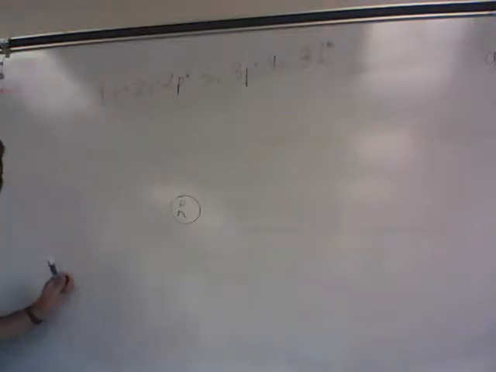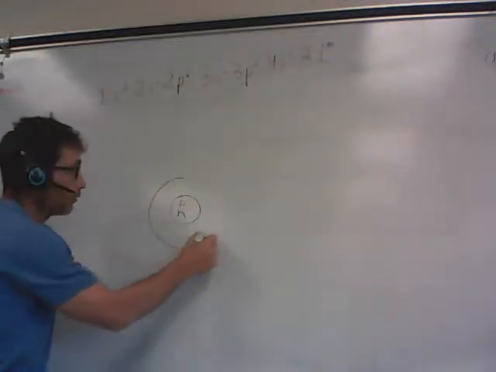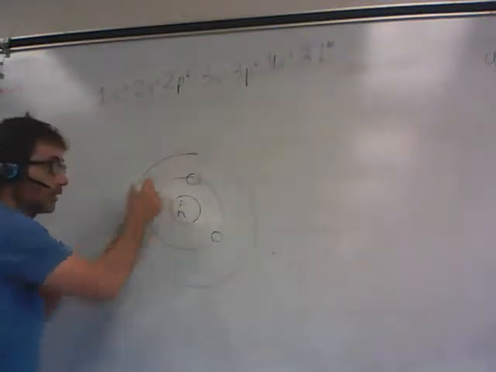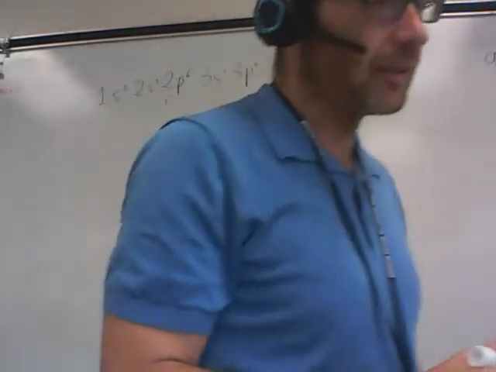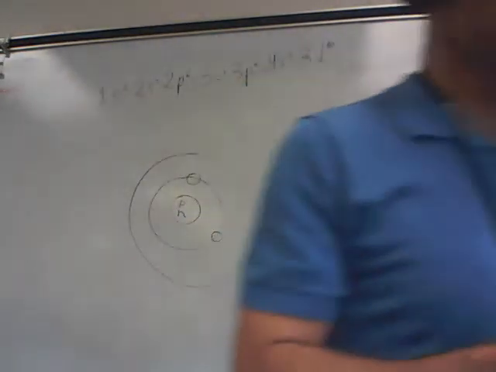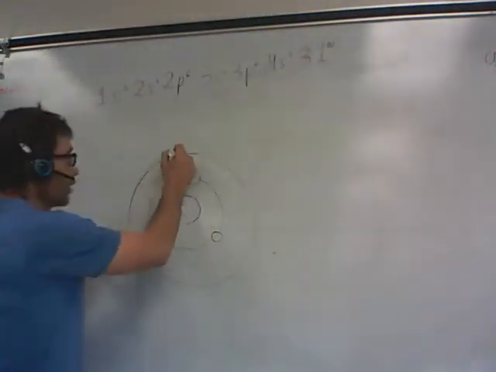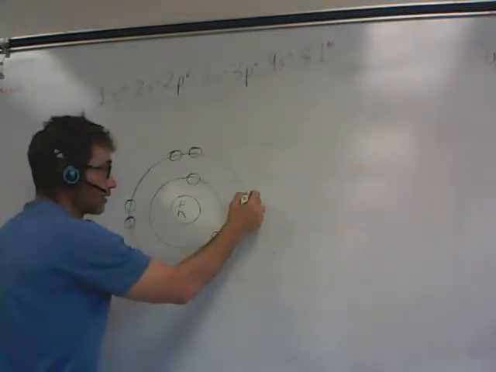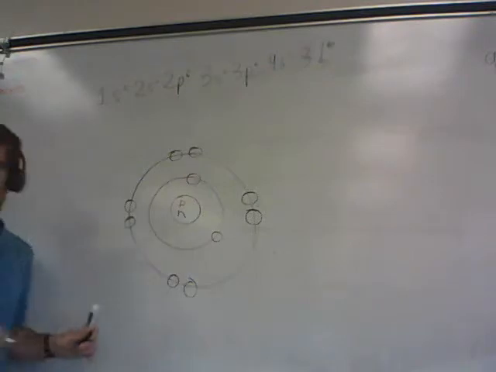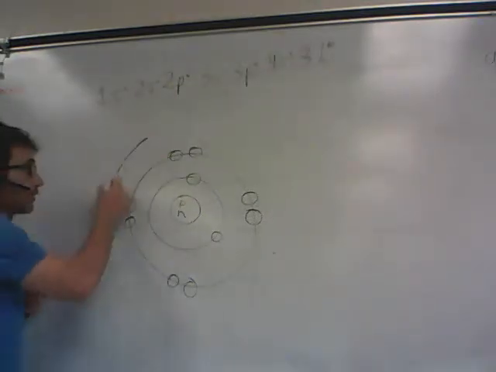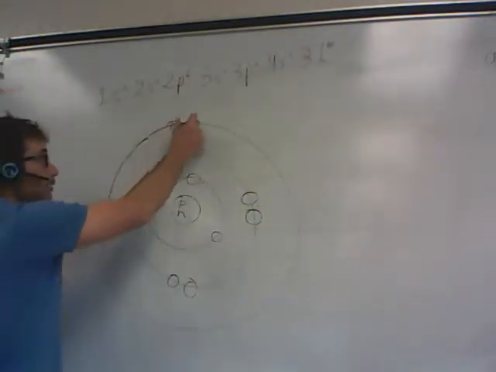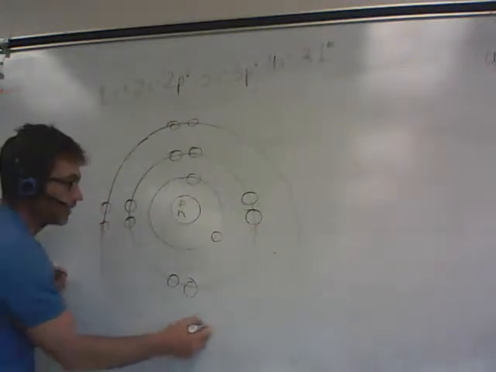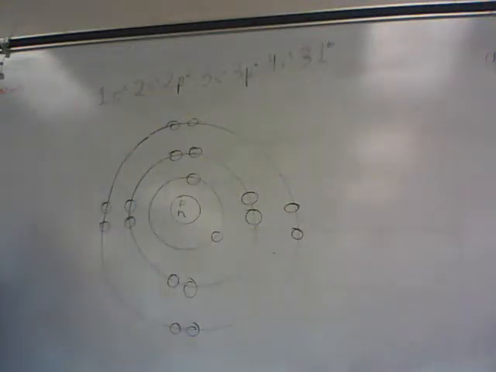If you see the graphs, you have one level with two electrons. Then how many electrons does the second level have? 1, 2, 3, 4, 5, 6, 7, 8 electrons, and a third level with 1, 2, 3, 4, 5, 6, 7, 8 electrons.